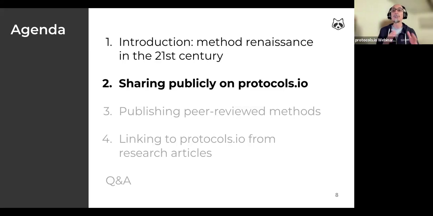Then we will talk about the partnerships that we have established with PLOS ONE, BMC Methods, and Nature Protocols to get your protocols peer-reviewed and published as formal peer-reviewed manuscripts, as well as the many partnerships and connections that we have with many other journals, which aim to make your papers more rigorous and more reproducible.